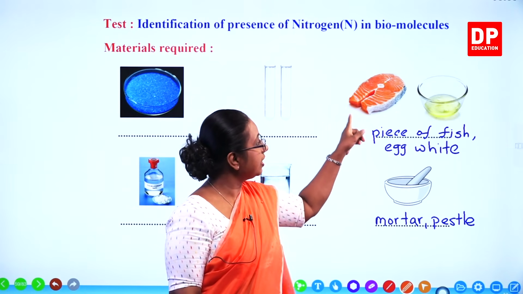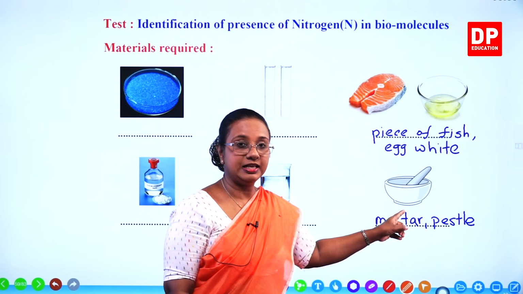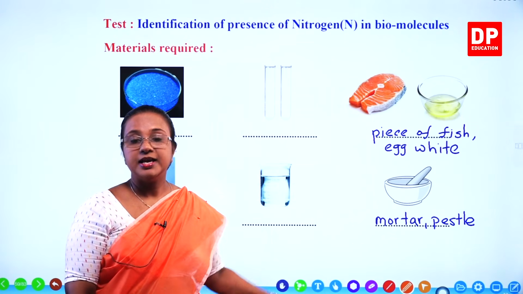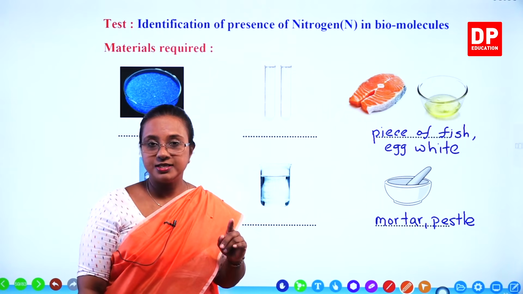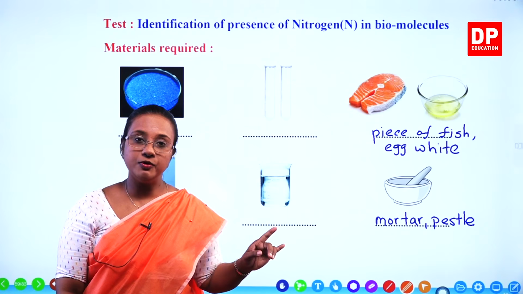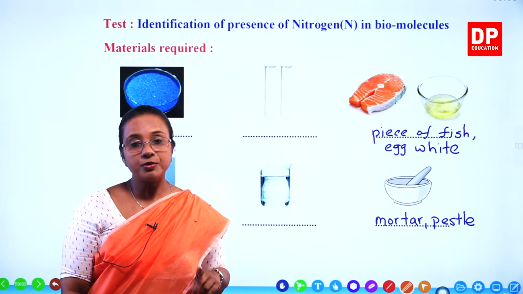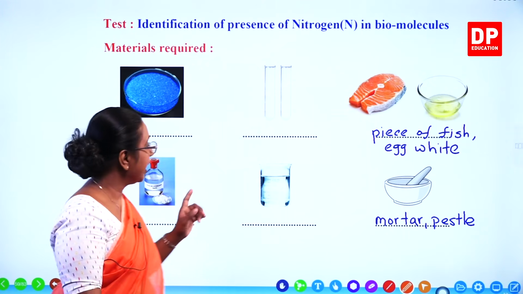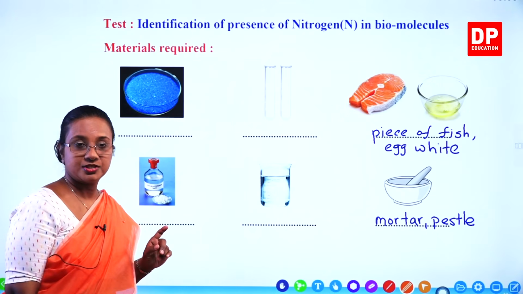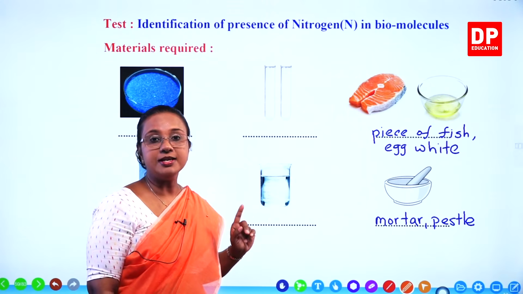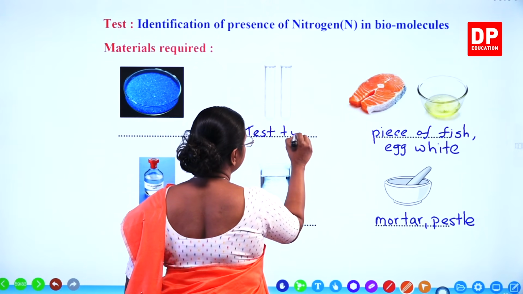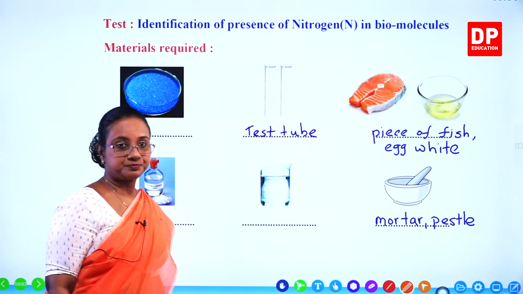If we use a solid food, then we have to grind it and take the extract into the test tube. Here we will need more than one test tube, because if you can remember, we did this activity before, identification of proteins in food. So then for that we will be needing another 2 reagents. So here these are the test tubes that we need for the activity.